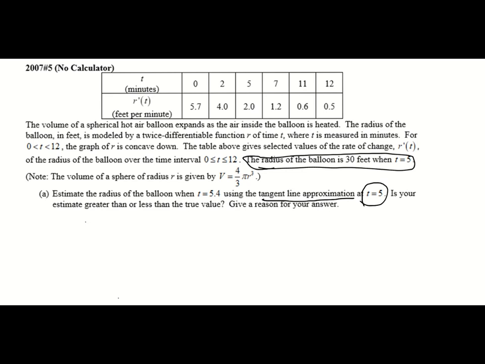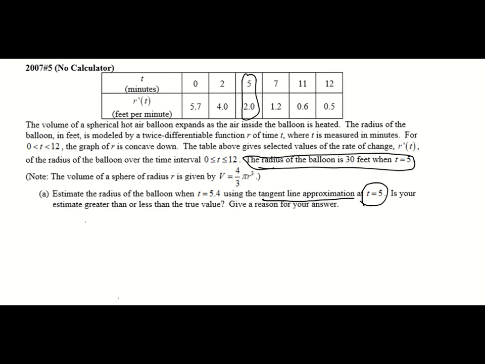So we can use that. Then we're also going to need a slope. The table of values is actually the rate of change of the radius of the balloon over time. So that would be the slope. And at time 5, right here, they tell us that the slope is 2. The rate of change is 2.